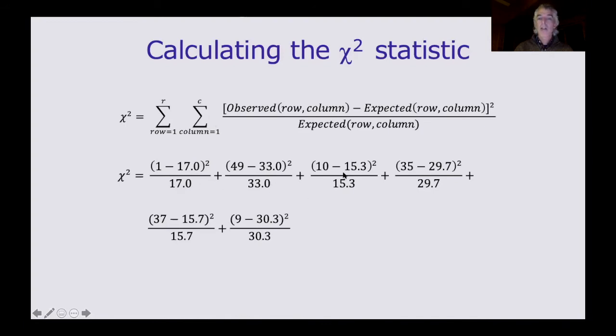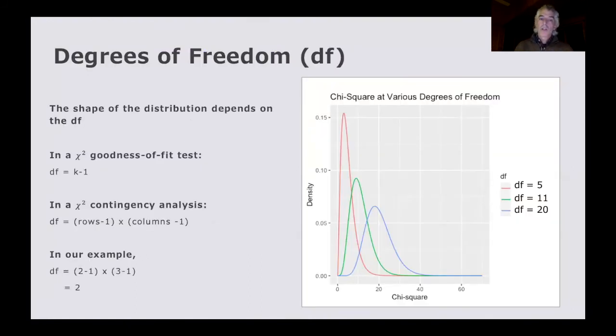And we do that for each of the 6 row by column combinations in our table. And if we plow through this and do all of the math, we would calculate a chi-squared test statistic of 69.5.